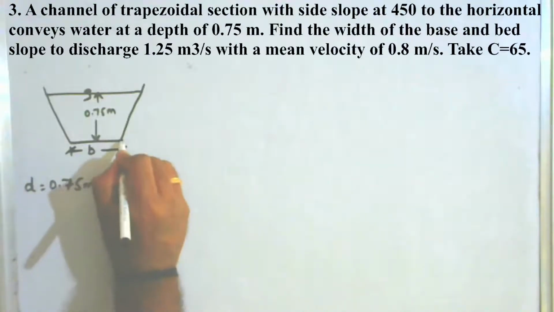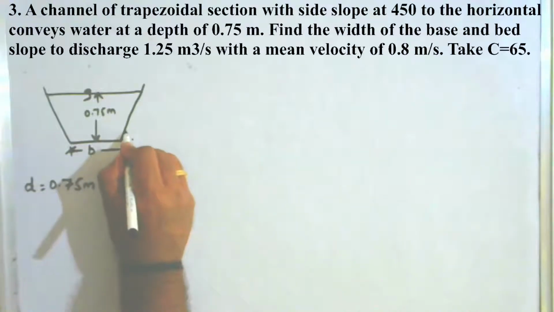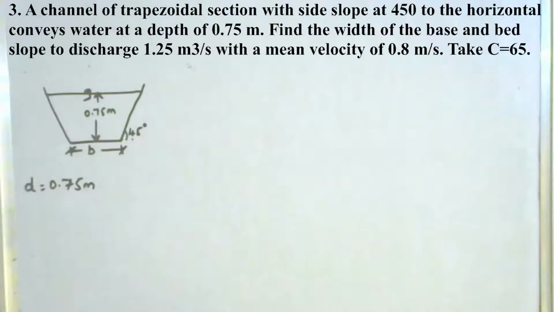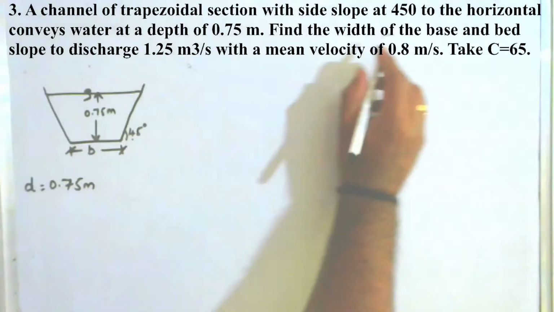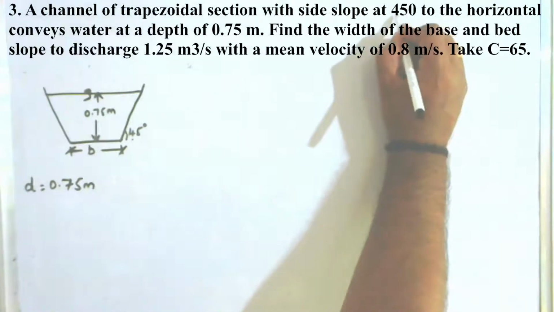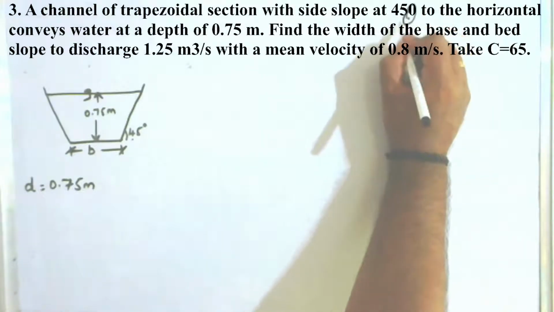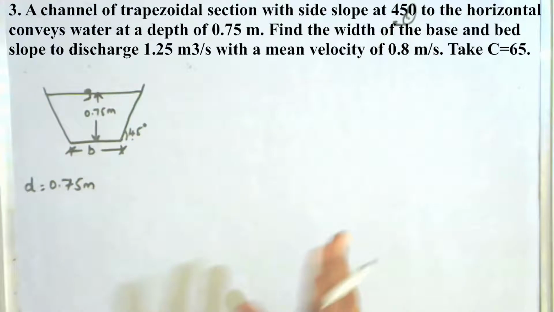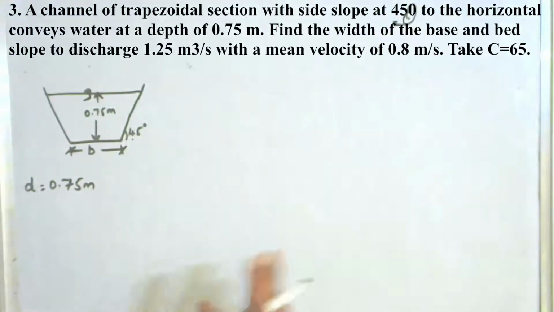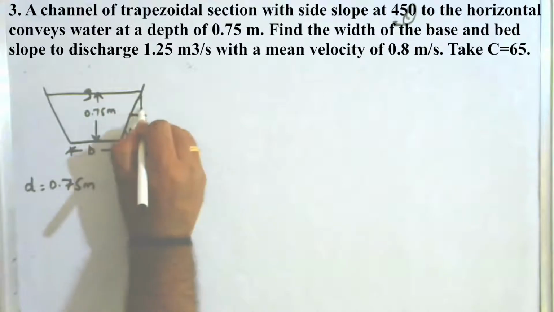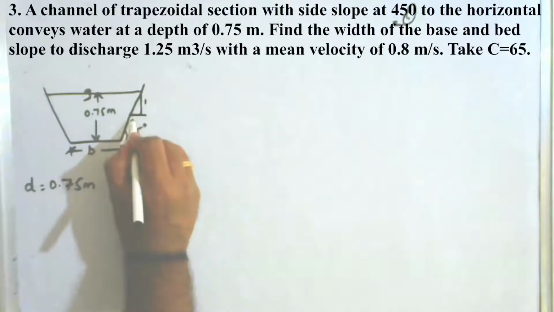He has clearly given that the side slope makes an angle of 45 degree with respect to horizontal. So this is 45 degree here. I'll take the slope as, if this is 1, this is n.